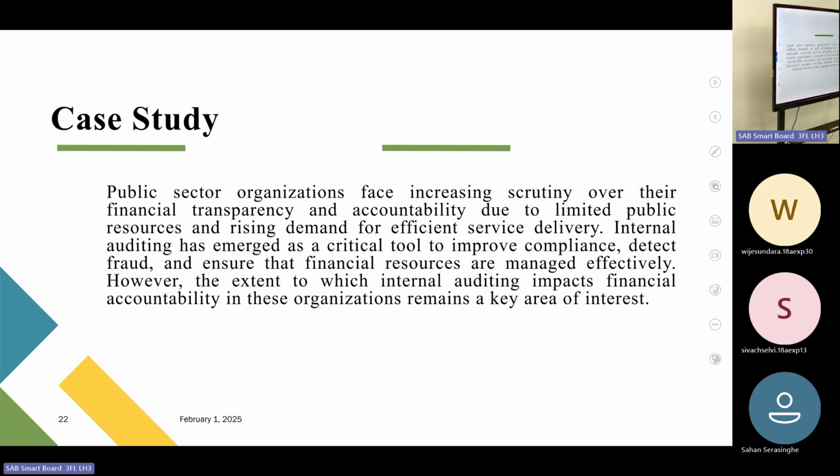This is about public sector organizations facing increasing scrutiny over their financial transparency and accountability due to limited public resources and rising demand for efficient service delivery. Right? So read this one and as a group work, tell me how you can do a research for this one.